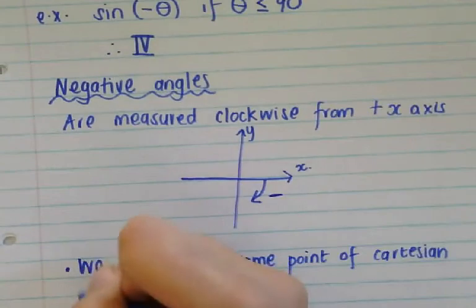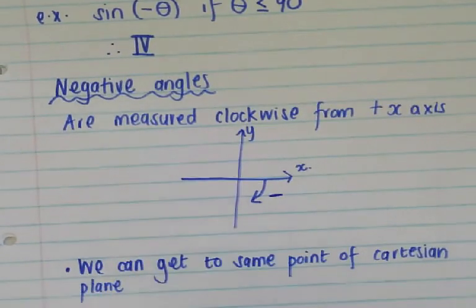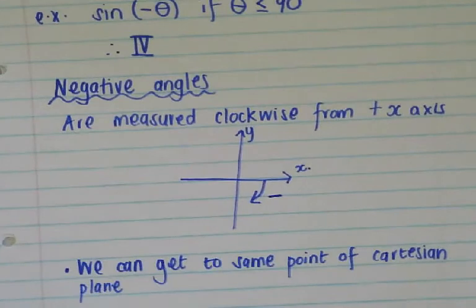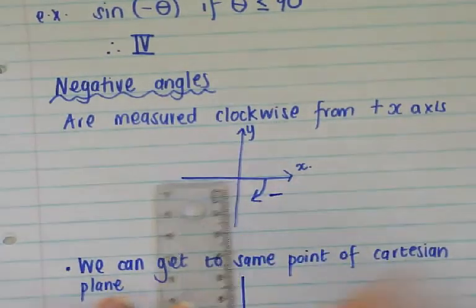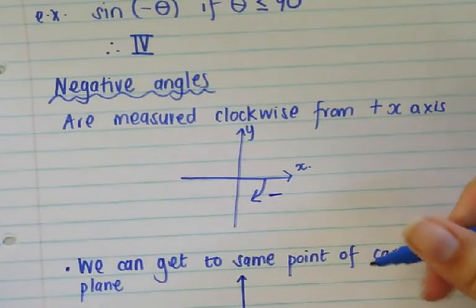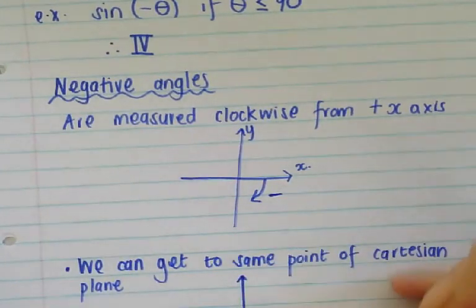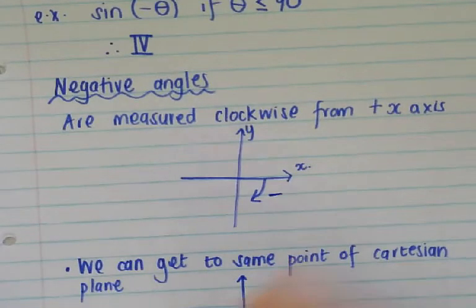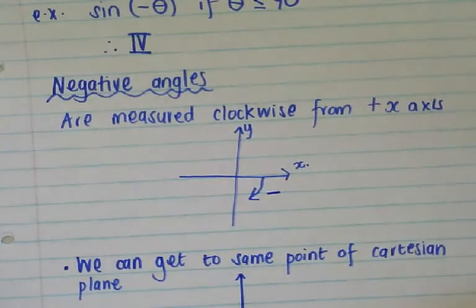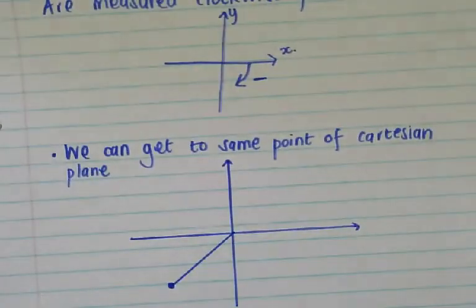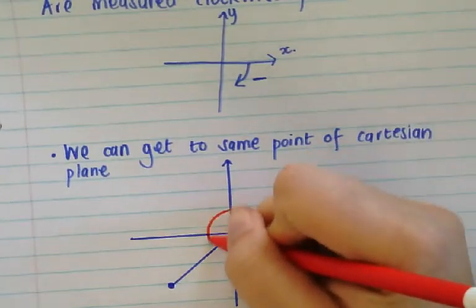So we can get to the same point on my Cartesian plane. Because the positive angle and the negative angle together would make up what? So if I want to get to exactly the same place and I ask you to measure it in a positive fashion, so let's say I wanted to get there, measuring positive, we would go from here to there, right?